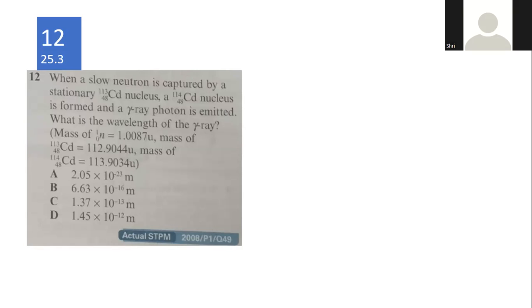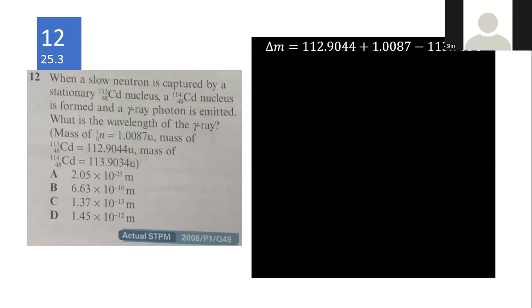Okay. The mass of cadmium-113 plus the mass of neutron, and then minus the mass of cadmium-114, equals to hc over lambda. So basically you take your 113 plus the mass of neutron minus the mass of 114, then you get your atomic mass unit.